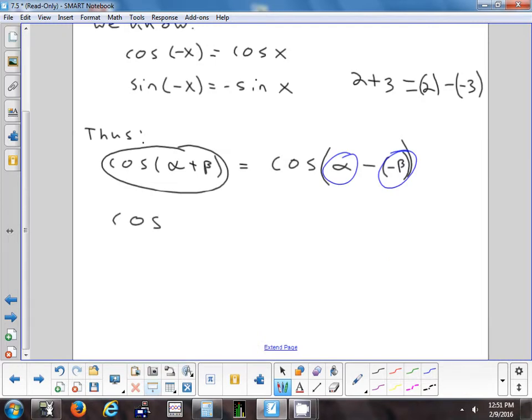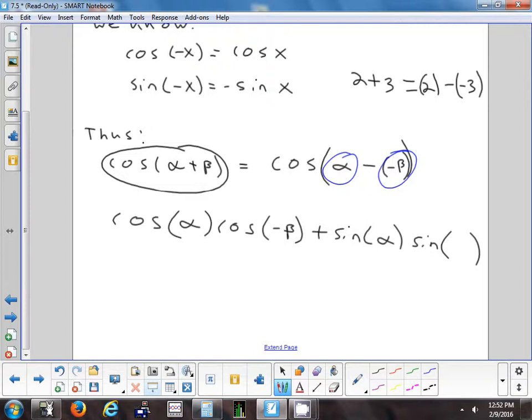Okay, we've got cosine of the first, cosine of the second, plus, DJ, can you fill in the rest for me? Sine alpha times sine of the other one, the beta.